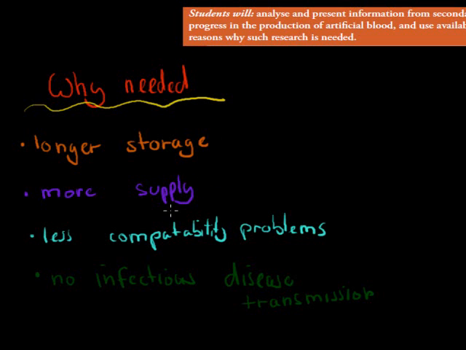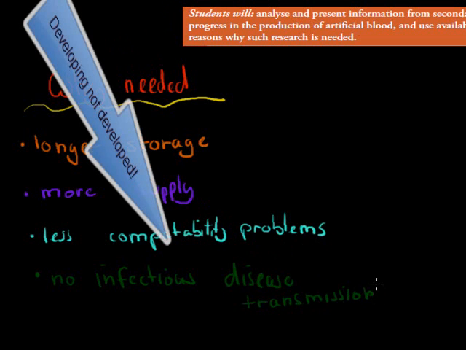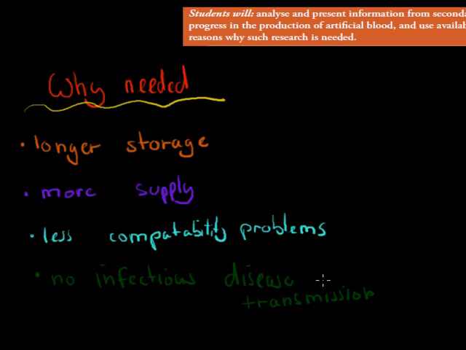People don't donate blood, so we can make more supply. Less compatibility issues, we can make O- blood, which means everyone can have that blood. And non-infectious disease transmission. People in developed countries often give blood that might be infected with disease, HIV or anything else. Whereas if we make our own artificial blood, we can make sure that the blood doesn't have disease. So we don't accidentally transmit infectious disease.